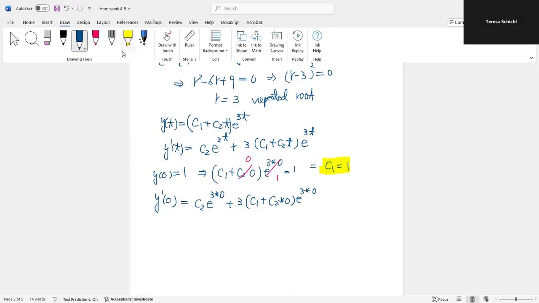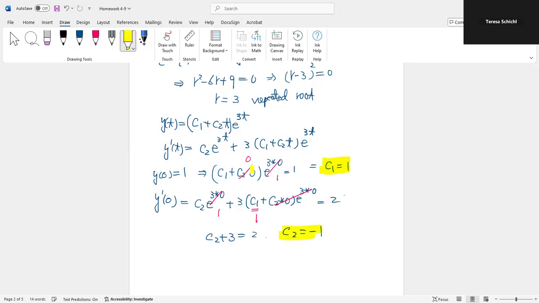Here this will give me 1. Then C1, which we calculated previously, is 1. This one would be 0. And the whole thing is equal to 2. So I have C2 plus 3 equal to 2, so my C2 is equal to negative 1.